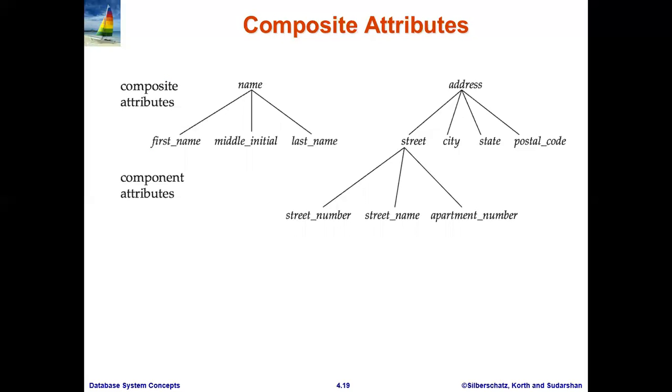Now for example, you can observe in the figure, if we consider name, name can be divided. We can consider name in three parts: first name, middle name, and last name. It indicates that as a name value, we can divide that value into three subparts: first name, middle name, last name. So the attribute which is dividable into subparts is called a composite attribute.